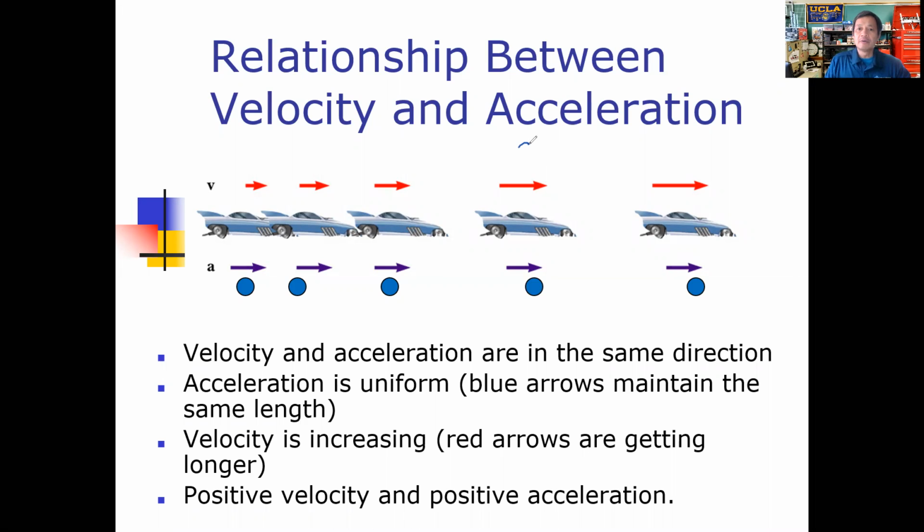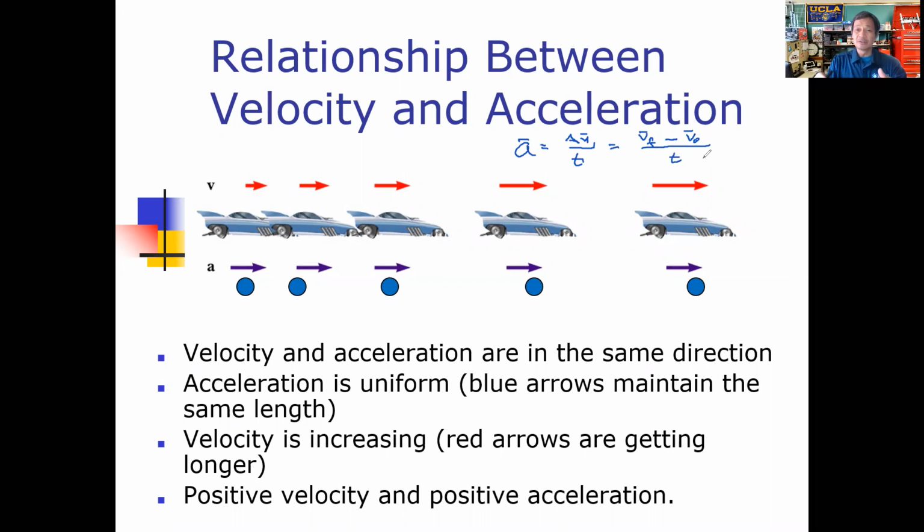Acceleration represents a change in the velocity over a given time interval. That change in velocity takes into account the instantaneous velocity at some time final and the instantaneous velocity at some time initial. And that is how we determine acceleration.